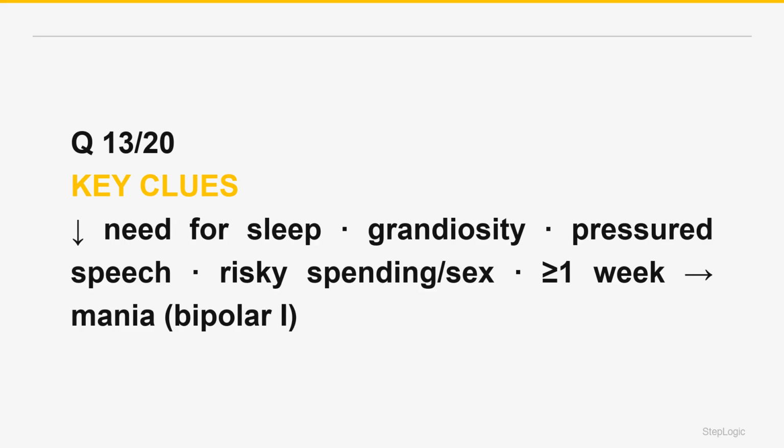A manic episode is a distinct period lasting at least 1 week, or any duration if hospitalization is required, of abnormally elevated, expansive, or irritable mood, with increased energy and goal-directed activity, accompanied by at least 3 characteristic symptoms captured by the mnemonic DIG FAST: distractibility, indiscretion (risk taking, spending, sex), grandiosity, flight of ideas, increased activity or psychomotor agitation, decreased need for sleep, and talkativeness or pressured speech.